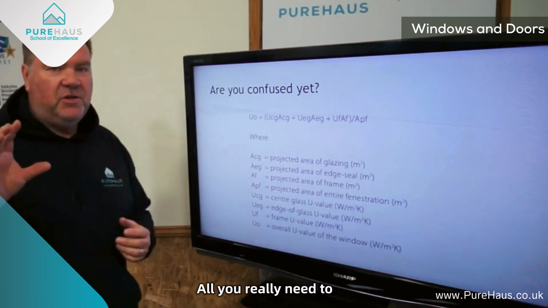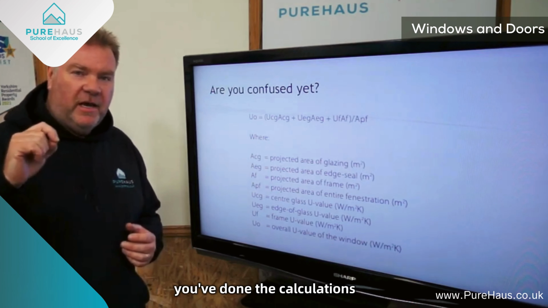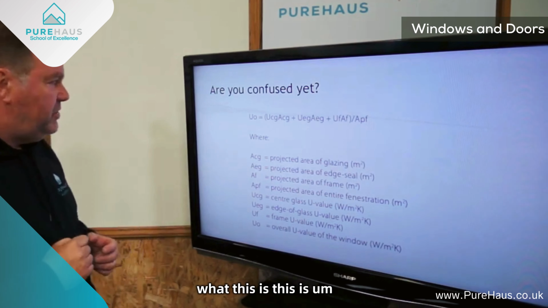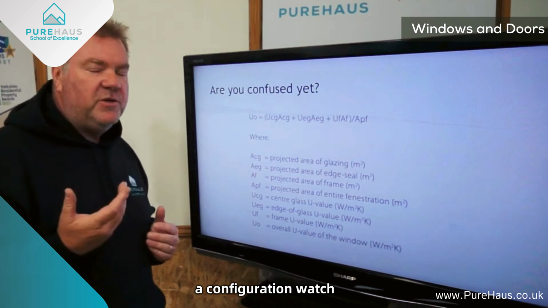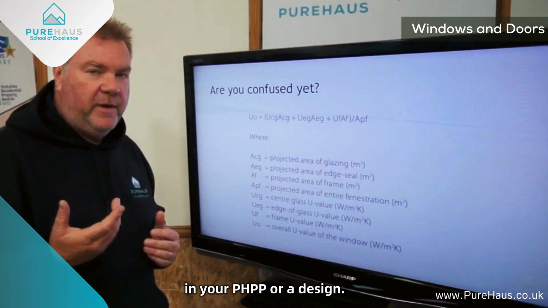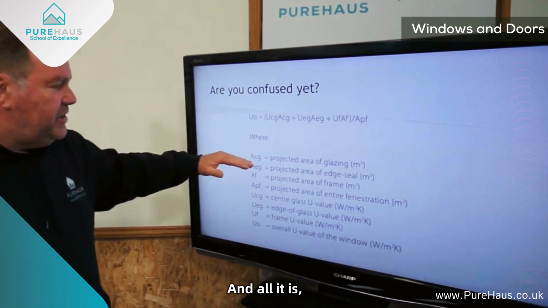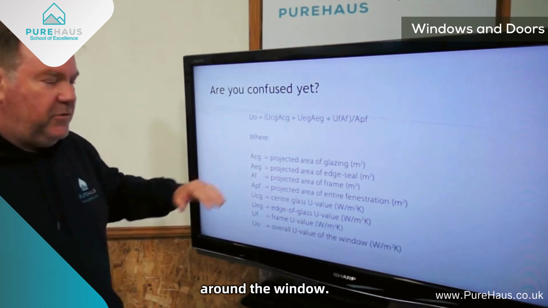All you really need to know is what the final value of your window is. And you've done the calculations from your PHPP and you've got your design. What this is, is an outline or a configuration which would be given in your PHPP or a design. And all it is, is similar information given for different areas around the window.